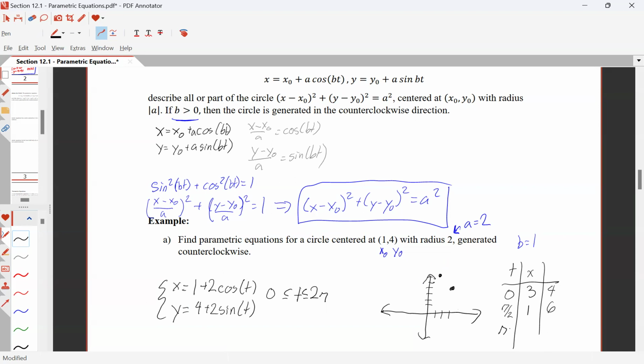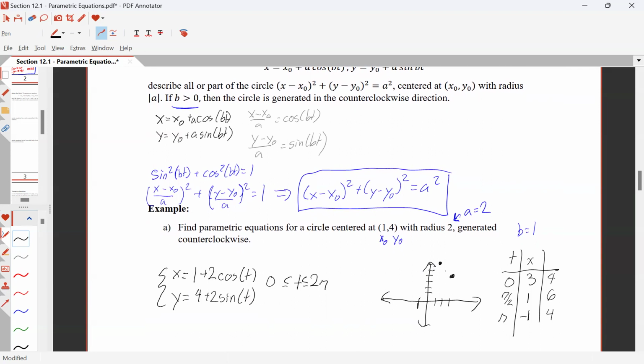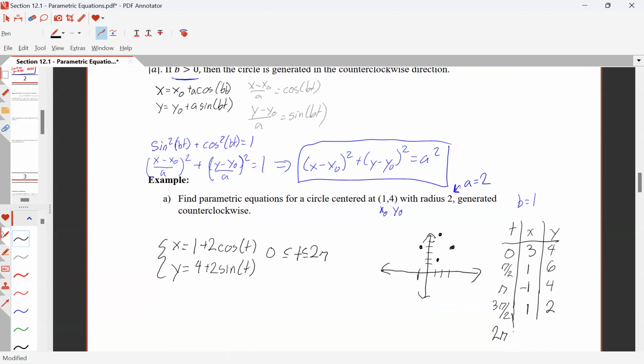When t equals pi, we would have the point (-1, 4). And when t equals 3 pi over 2, we would once again have the point (1, 2) this time. And then back around to 2 pi will give us the point (3, 4).